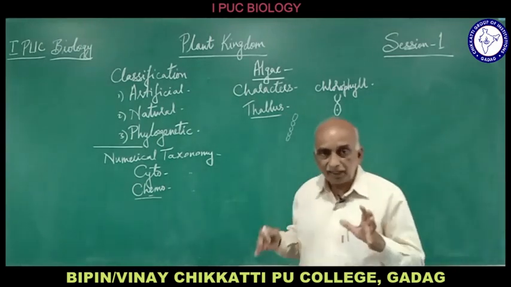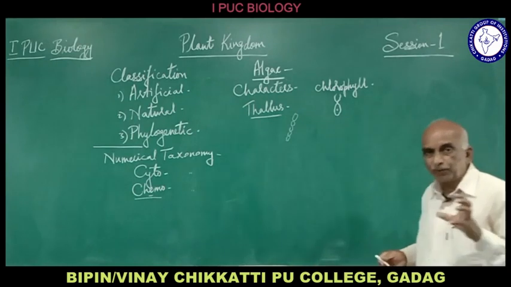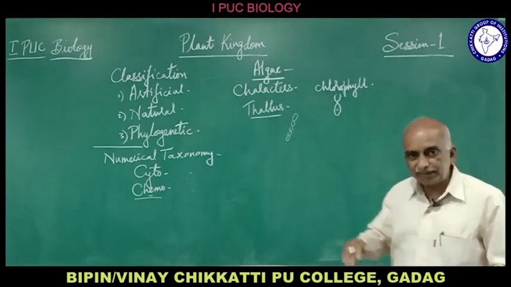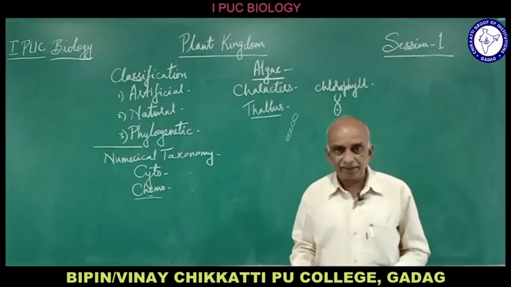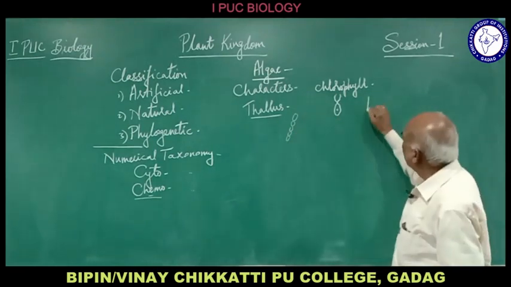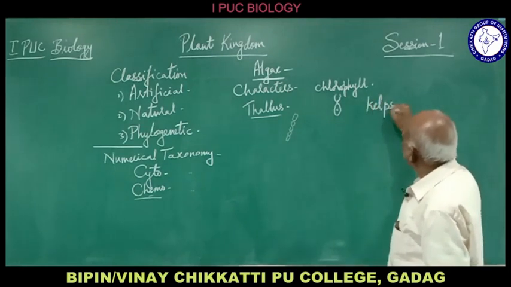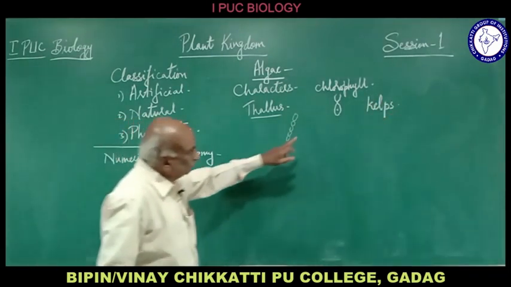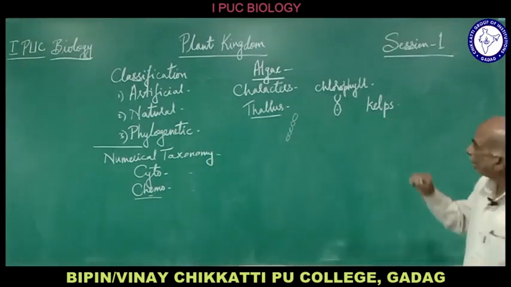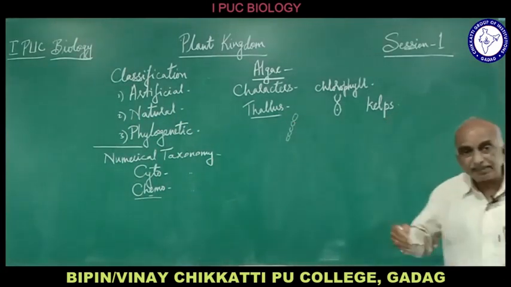So these algae are usually found in the sea water, and when they are found in sea water, attached inside, they grow to a very large size and form what are called kelps. And these kelps are seen inside water.